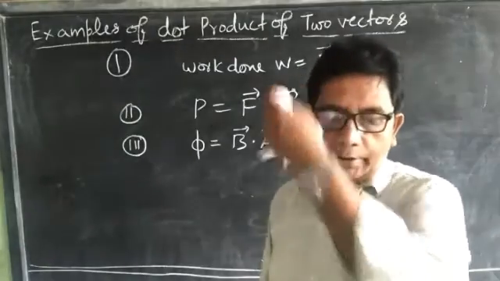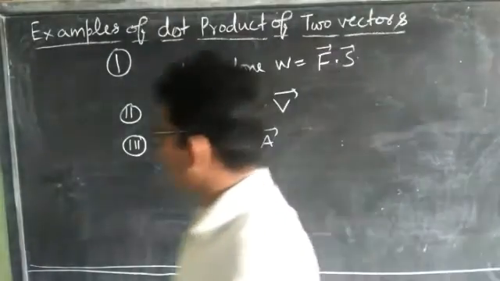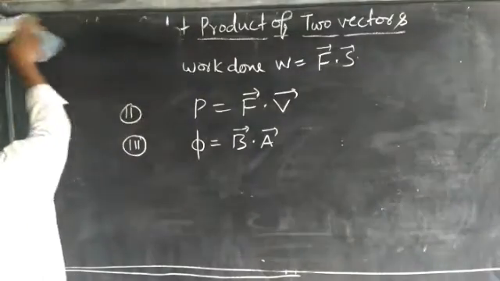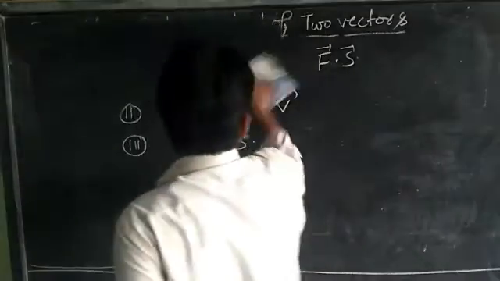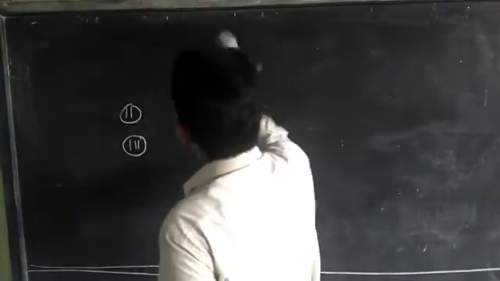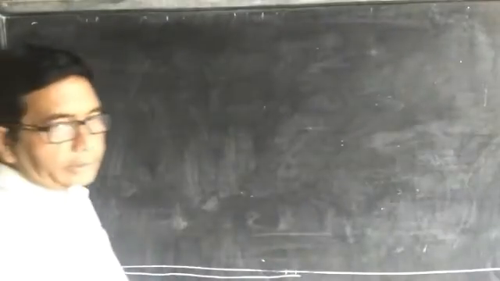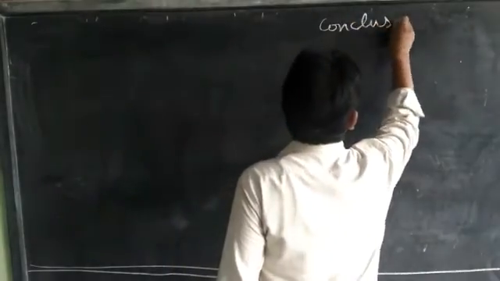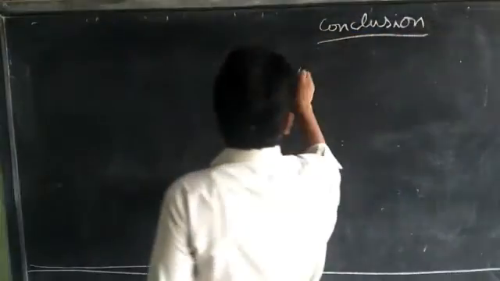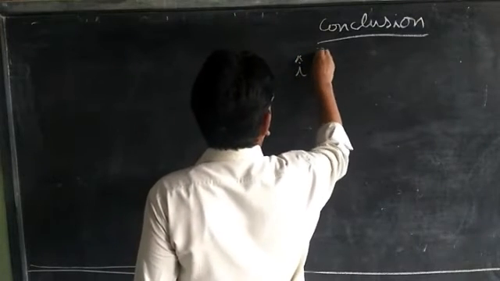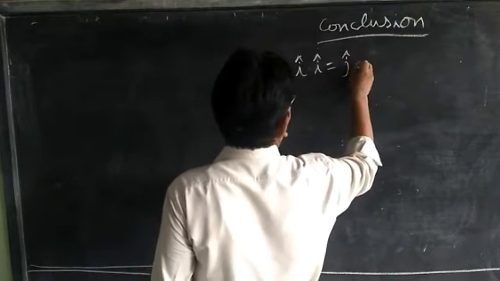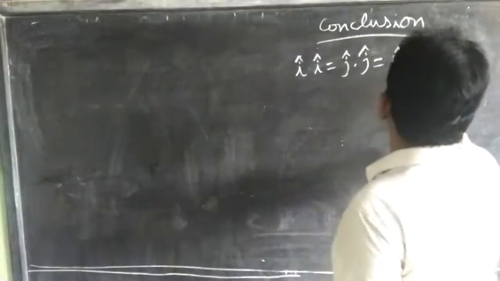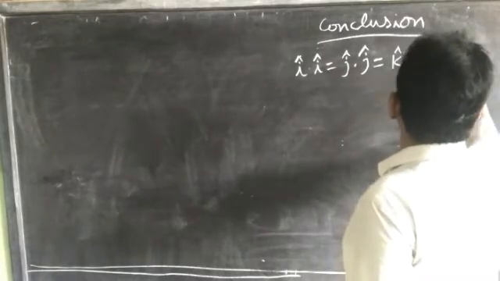Thus we conclude that for the dot product of two vectors, I dot I is equal to J dot J is equal to K dot K, and each is equal to 1 for the unit vectors.